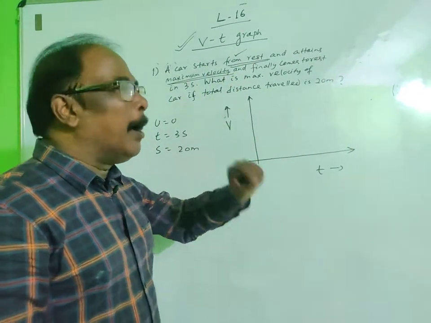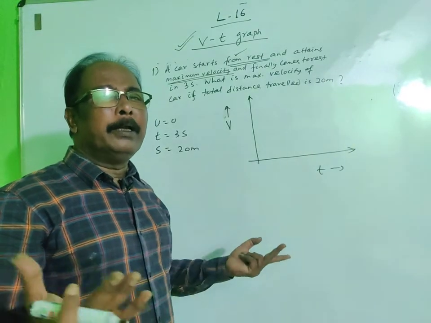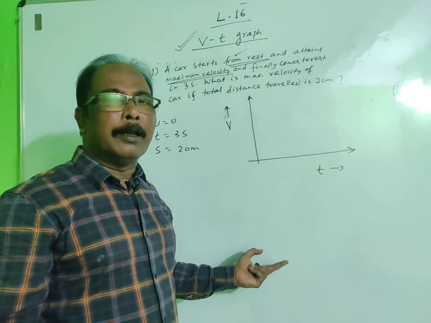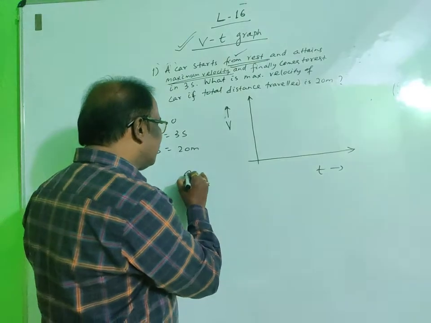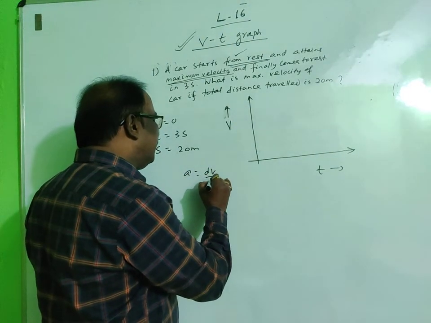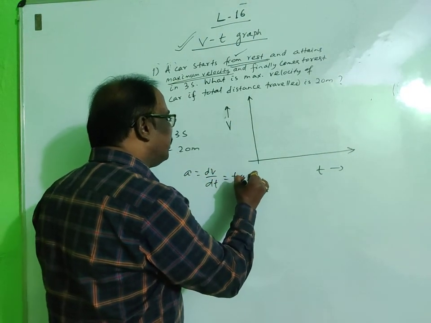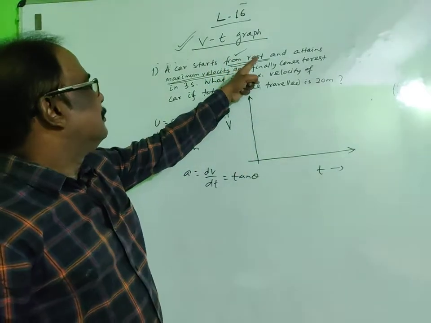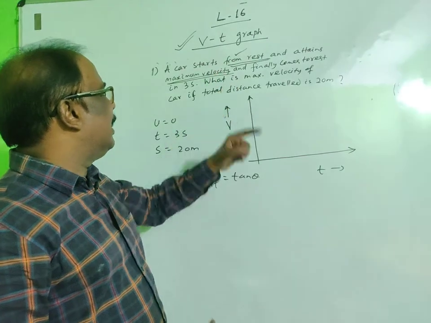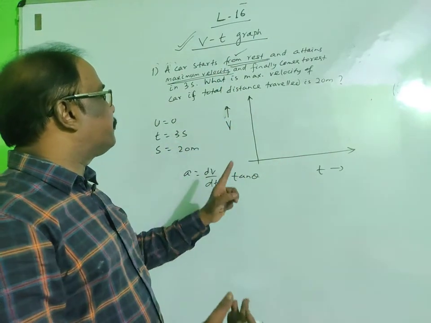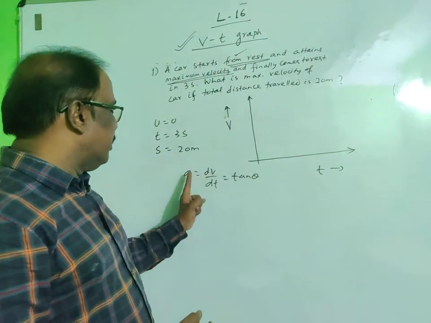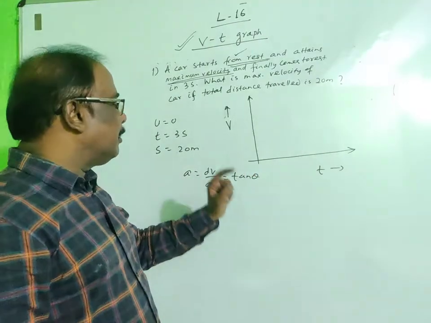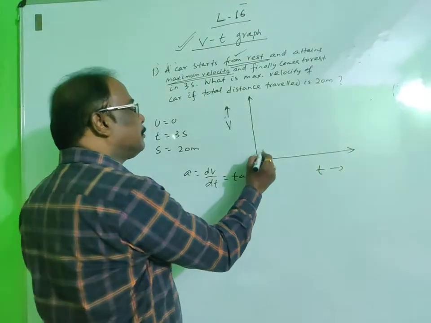Under the VT graph, we are doing the numericals on uniform acceleration. So acceleration is equal to dv by dt, which equals tan theta. Velocity increases from rest and finally becomes maximum, so first the motion is accelerated. For uniform acceleration, tan theta is constant and theta is constant.